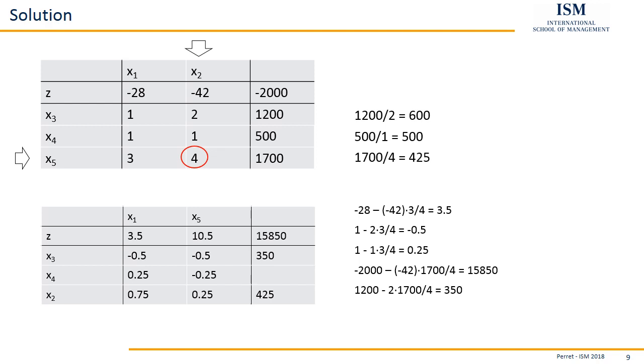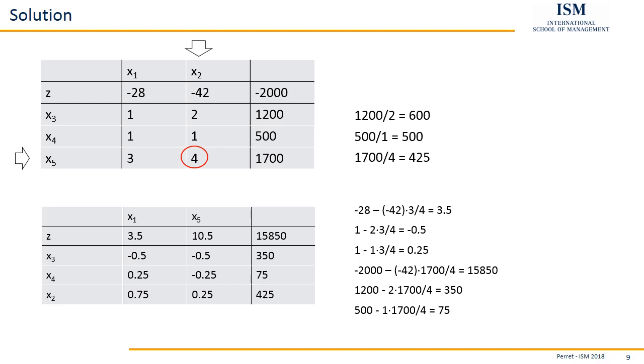And finally, for the last value, we do 500 minus 1 times 1700 divided by 4. This will result then in 75.